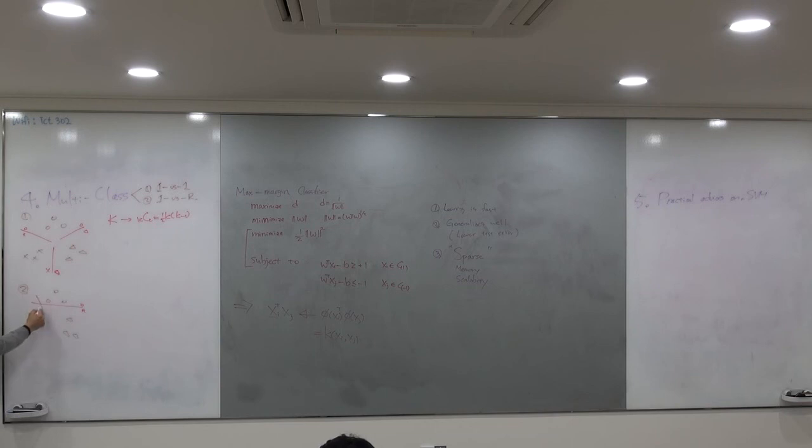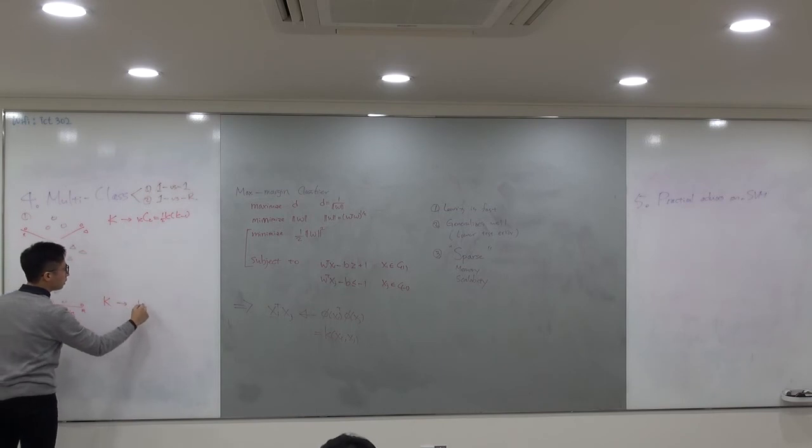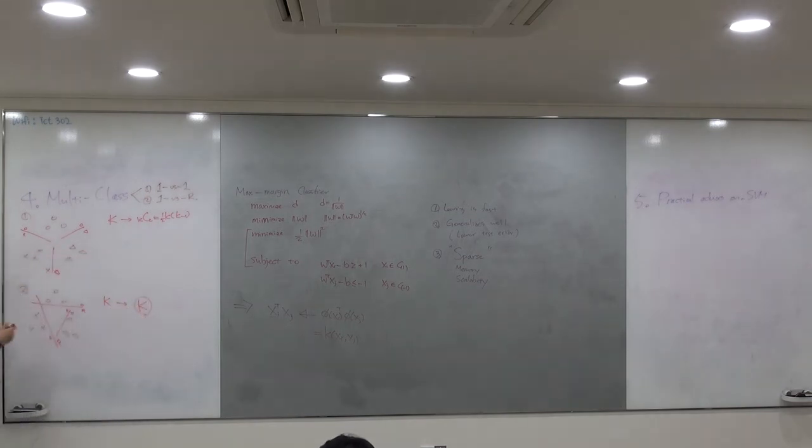And the other classifier classifies x versus the rest. The other one, of course, classifies triangle versus the rest. So in this case, we have to train only k classifiers.